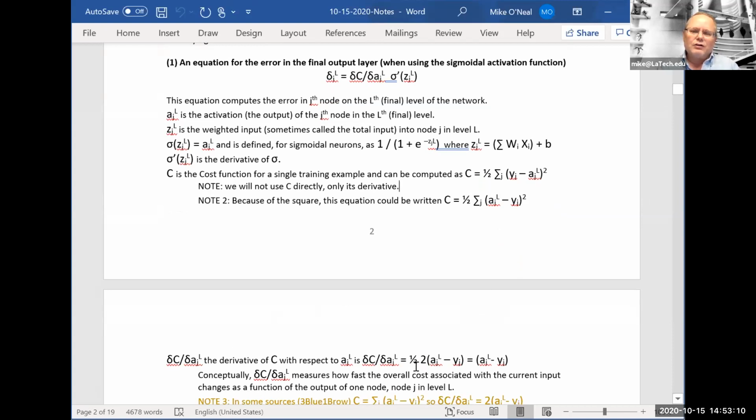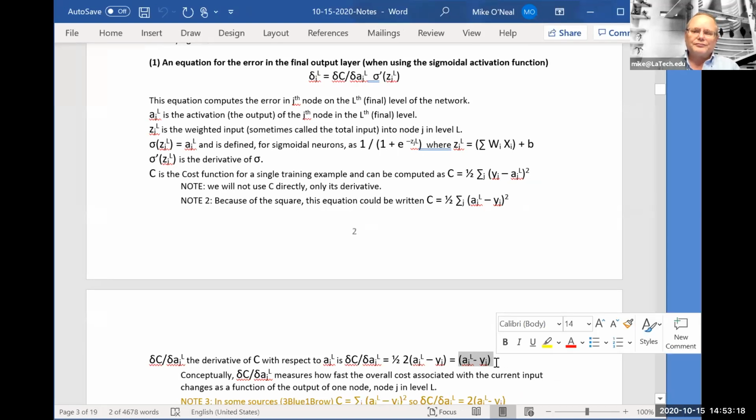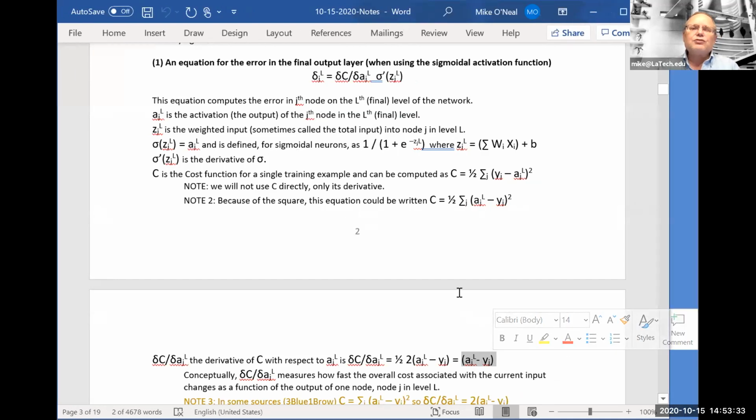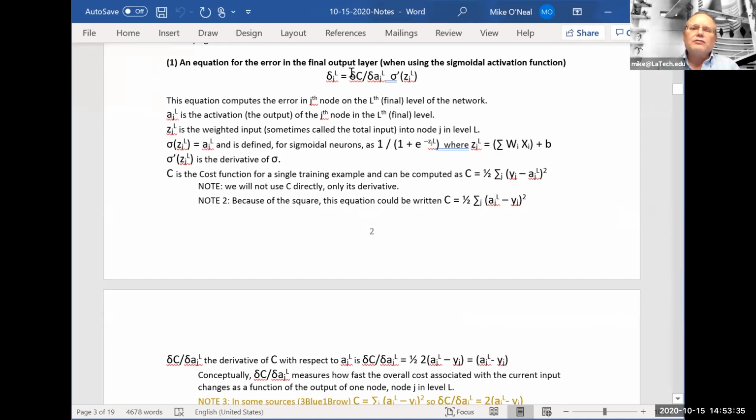So 1/2 of 2 becomes 1, so it goes away. And lo and behold, the derivative of the cost function ends up being what's my output minus what's my desired output. So that's where that output minus desired output comes from. It comes from being the derivative of the cost function with respect to the output.